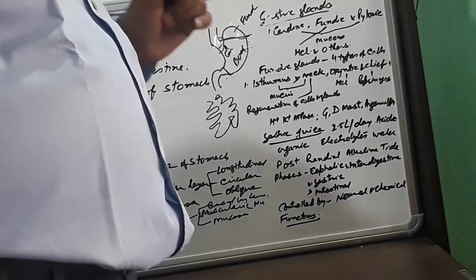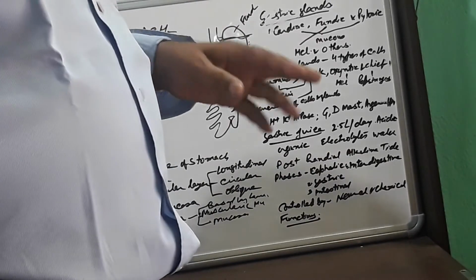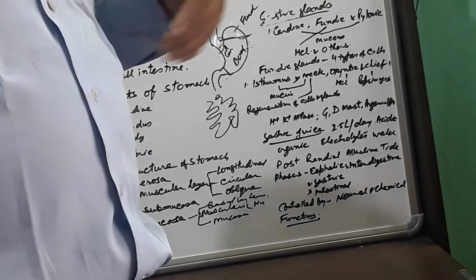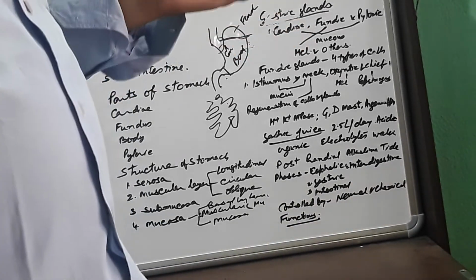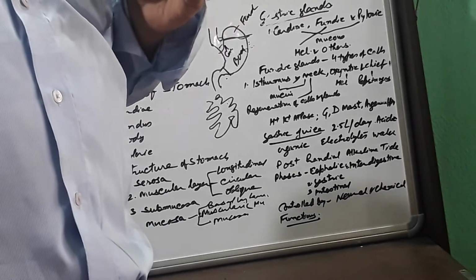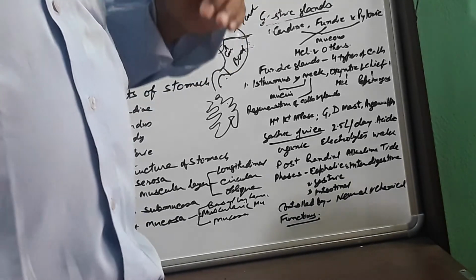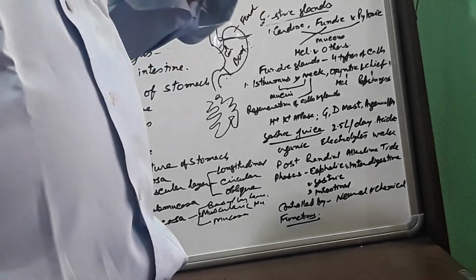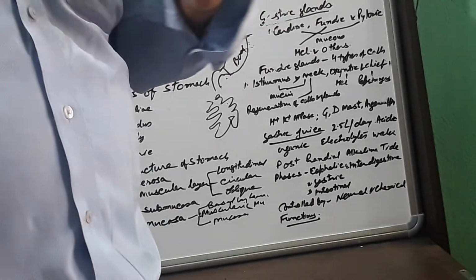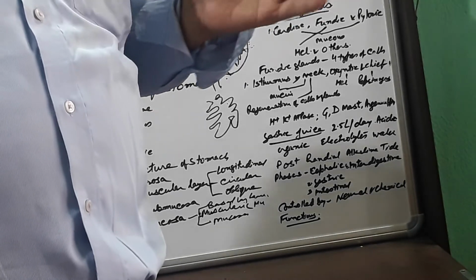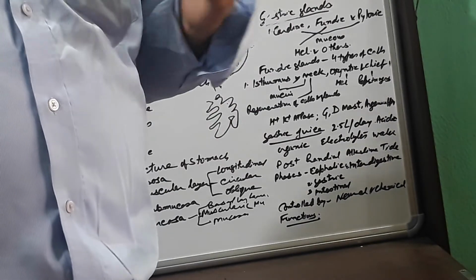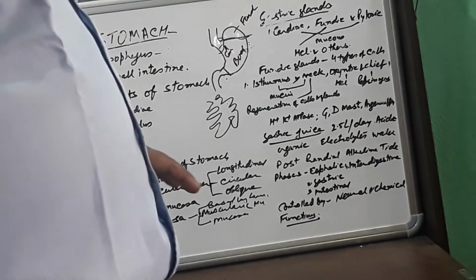It digests 30% of protein by the action of pepsin. Pepsinogen is a pro-enzyme that is inactive and is activated by acidic media and by autocatalysis. That is, pepsinogen is converted into pepsin by hydrochloric acid, and then this pepsin will also stimulate formation of pepsin from pepsinogen.